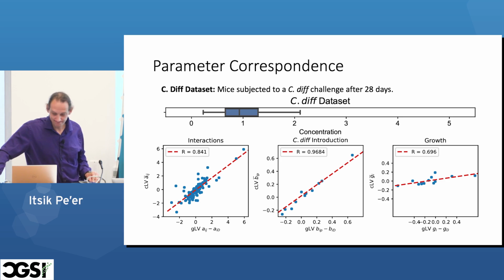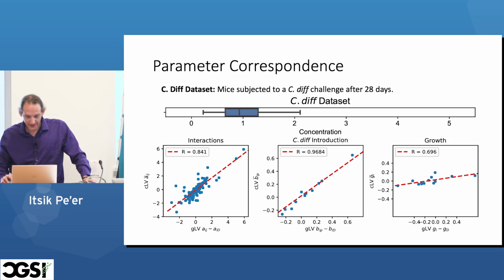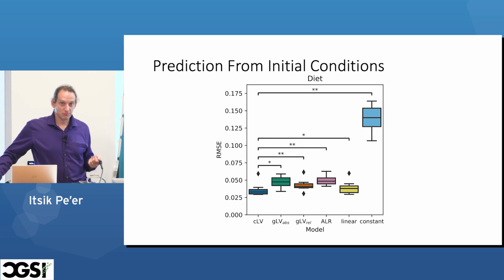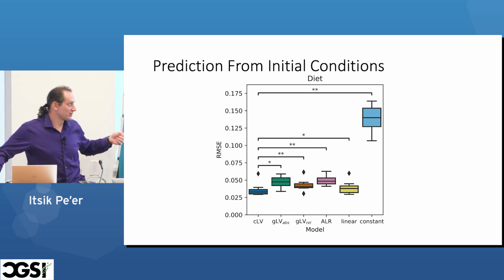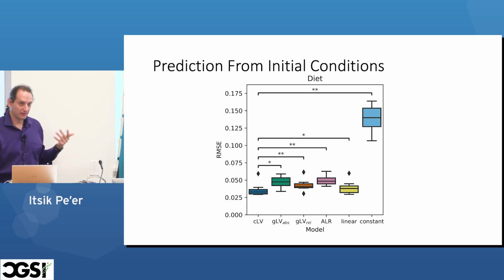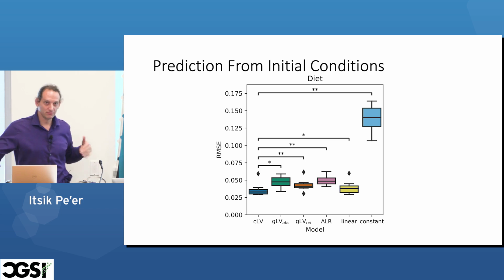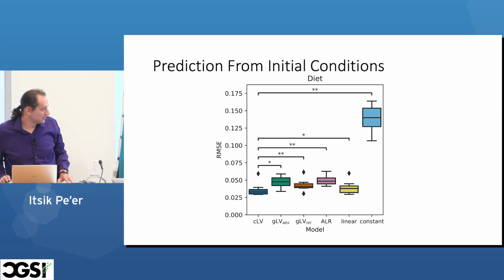Okay. So this is kind of inference of parameters. One way to interpret whether the inferred parameters are impressive, good, or great, is the extent to which they allow us to infer ahead from initial conditions, and they do. So here, lower is better.